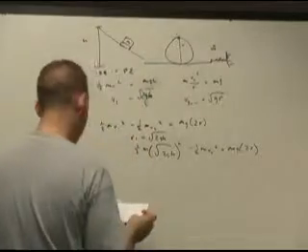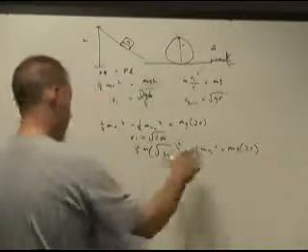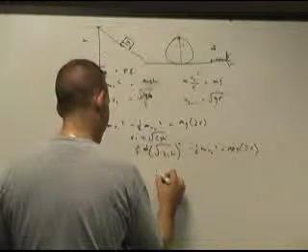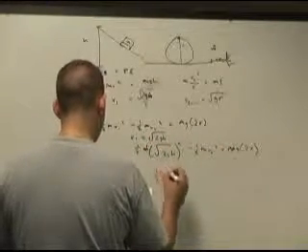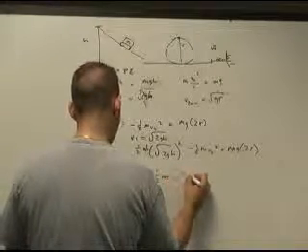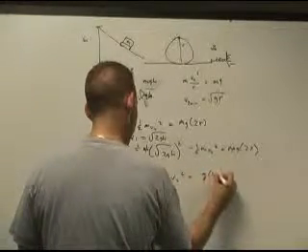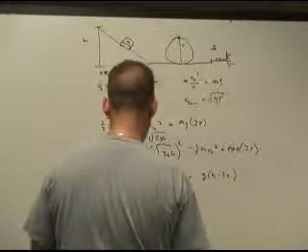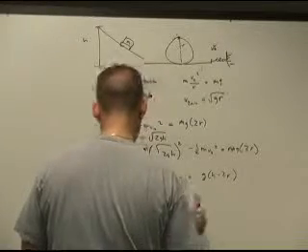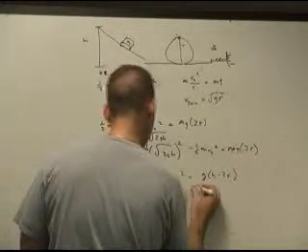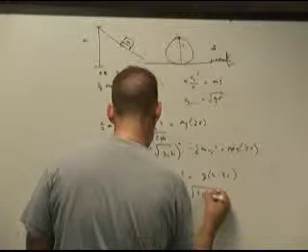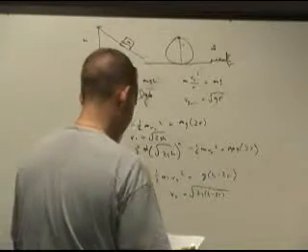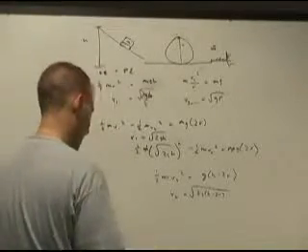Okay, so in this situation, just moving the items around, obviously your m's are going to cancel, so you have 1/2 m v squared is equal to g times h minus 2r. And v2 is equal to square root 2g times h minus 2r. Okay? So you basically just solve for h in this case.